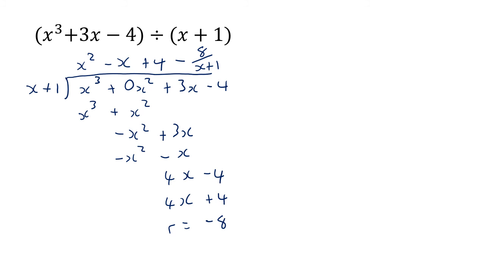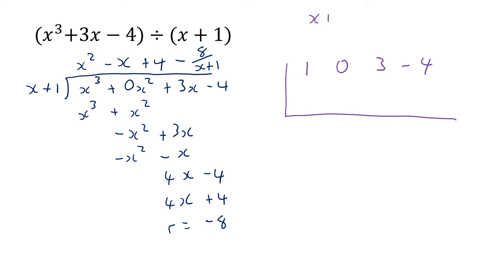All right, let's go synthetic division. So again, what we do is the same thing. You've got the coefficients, but we still have to do that thing where we put the 0x squared in here. So our coefficients are actually 1, 0, 3, negative 4.